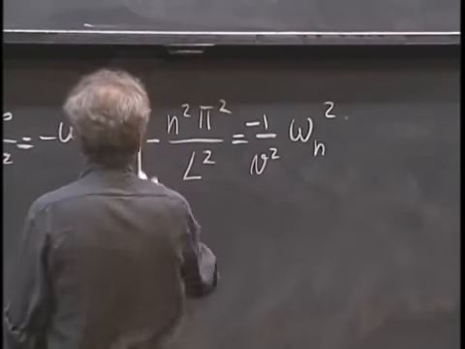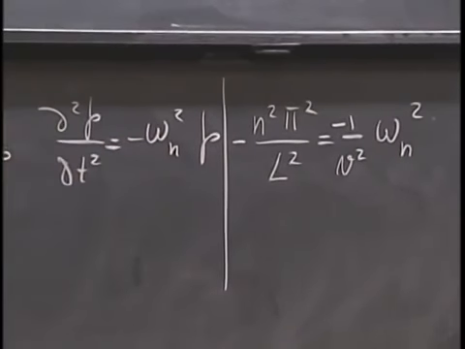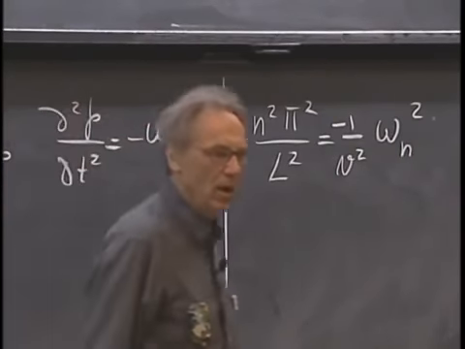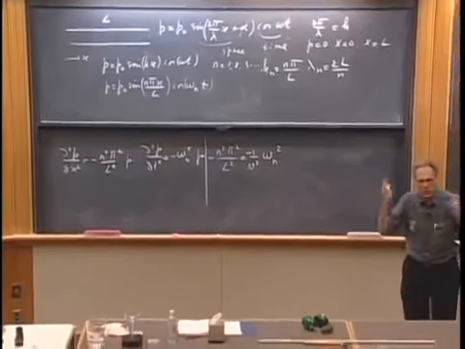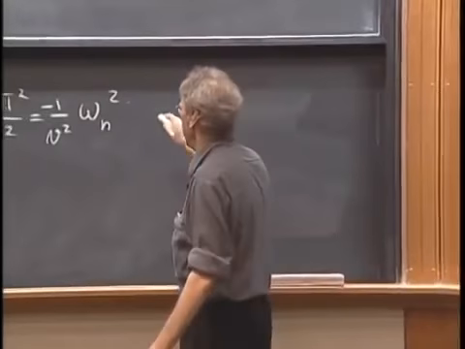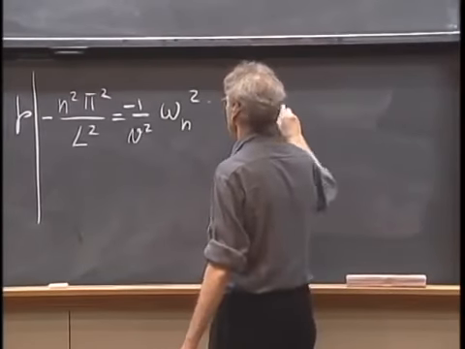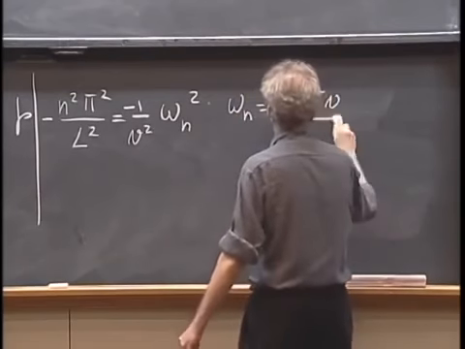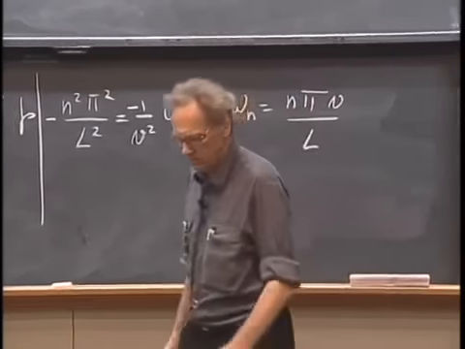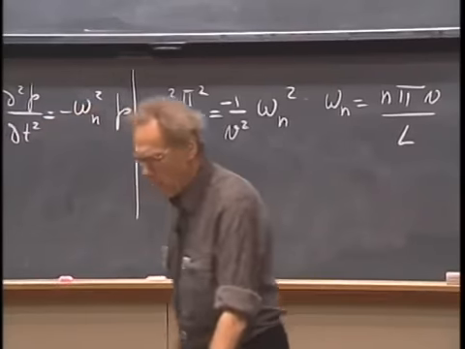So this is now connected. And so you see the solution for omega n is being presented to you on a silver plate. Omega n is now n pi times v divided by L. That follows from the wave equation.